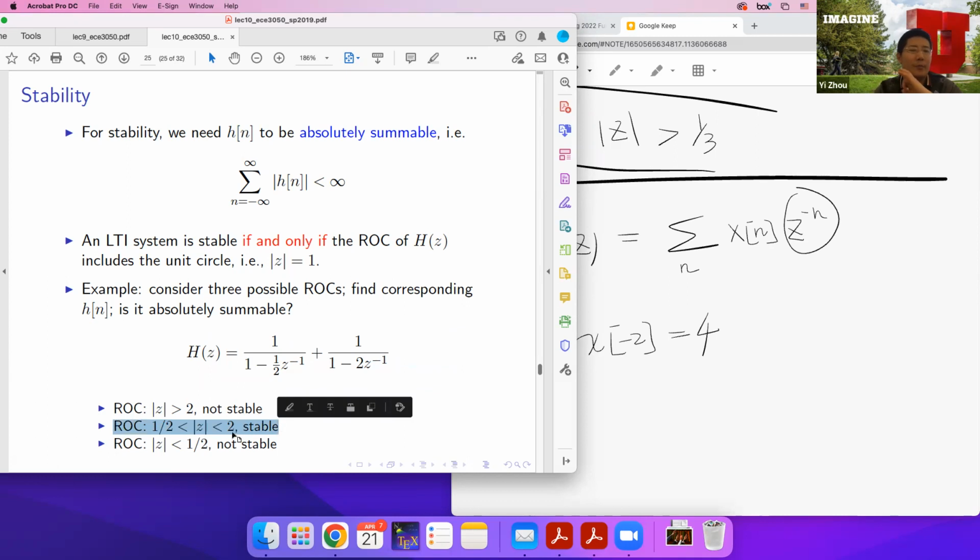This one, because only this one includes the unit circle. The other two do not include the unit circle. Okay, so this is the stability. And including the unit circle implies that the impulse response is absolutely summable. So that is a sufficient condition for stability.